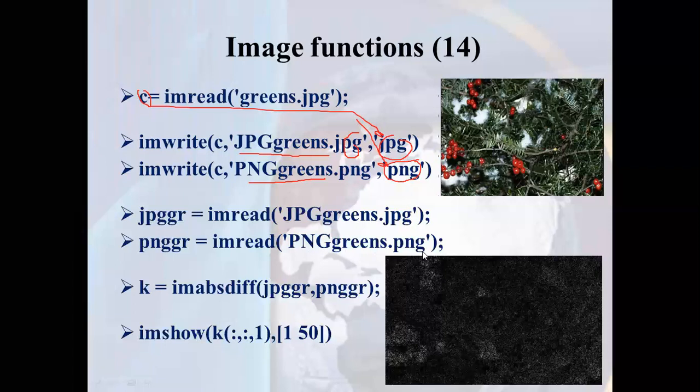Why? Because using PNG, the quality is less than the JPEG, and these two types don't give the same pixel values. Okay.